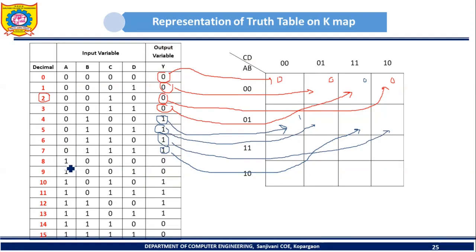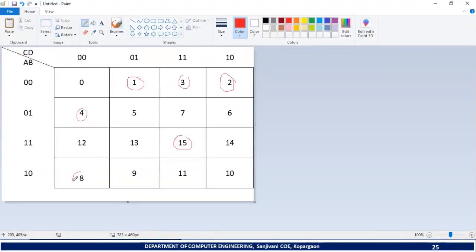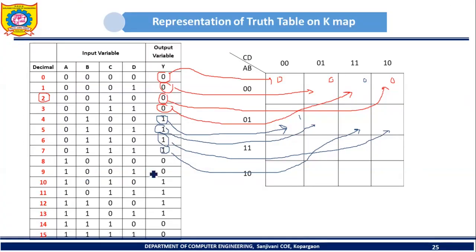Now the next row in the truth table corresponds to decimal number 8. So in the KMap we have 8 here, right? So that's why this output 0 will appear here. Then consider the next row, which corresponds to 9. So this 0 should be written in this particular cell.